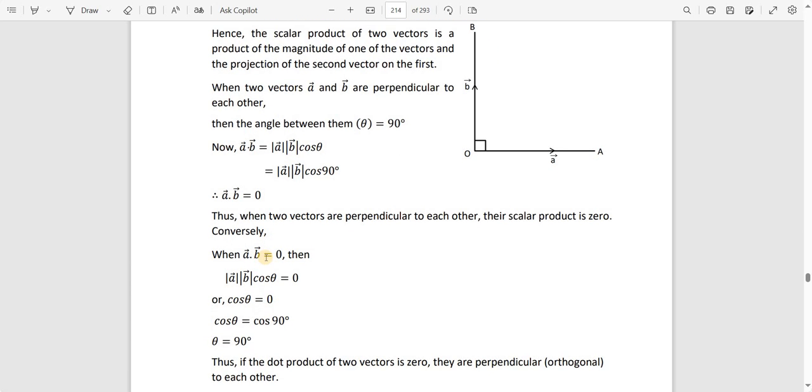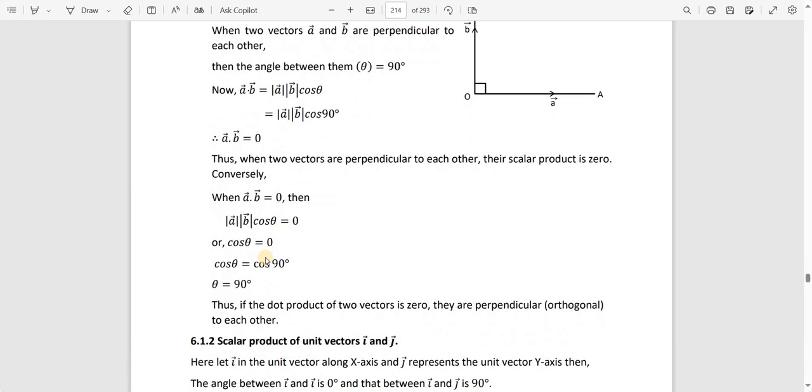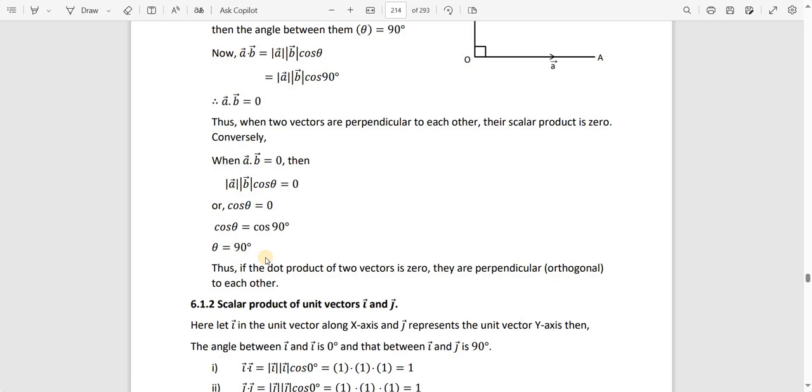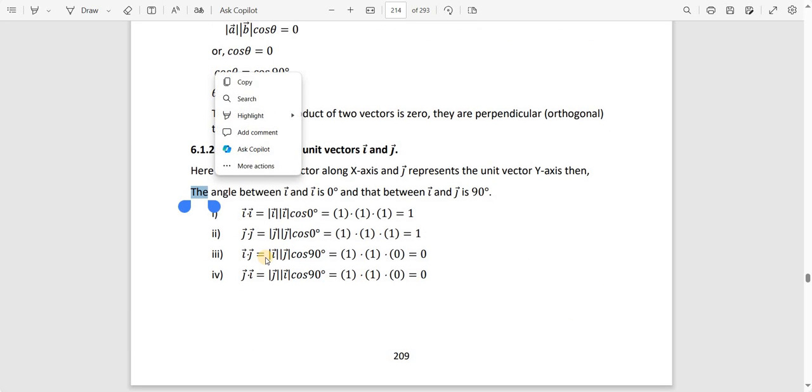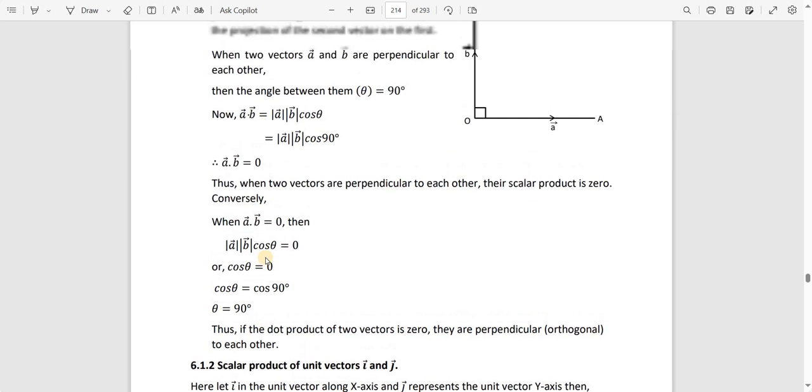If the two vectors are 90 degrees, then the sum is 0. Okay, let's not talk about parallel.